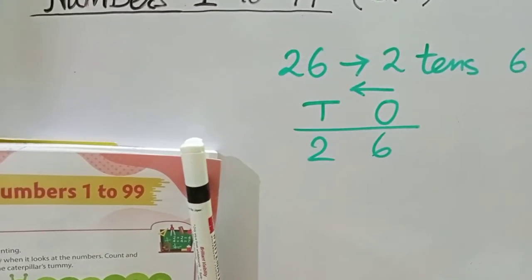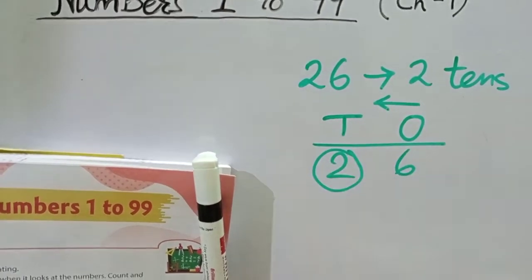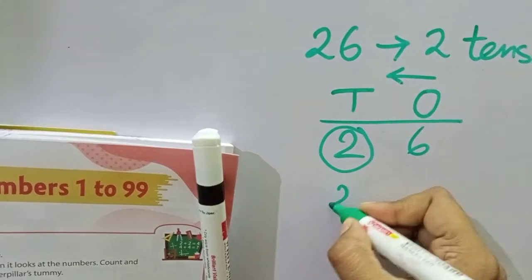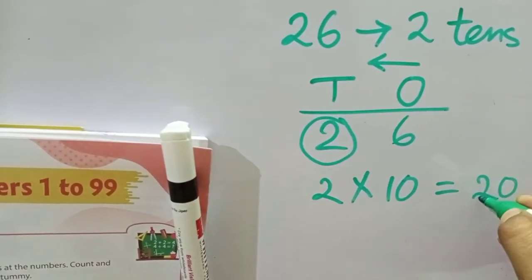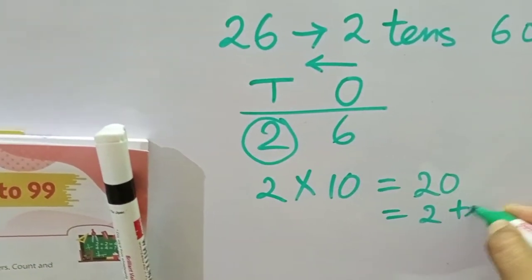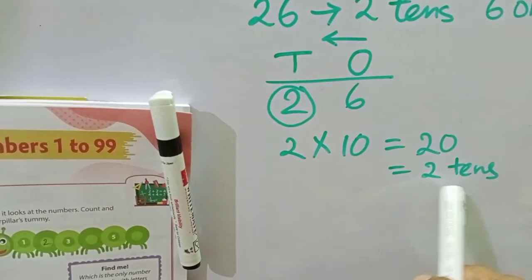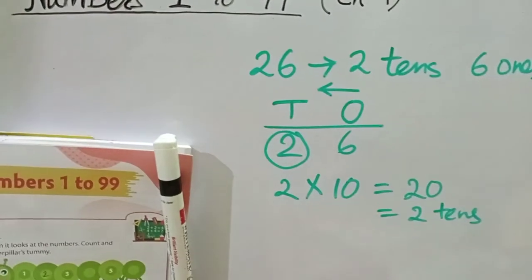So here you can say that the place value of 2 is 2 tens, that is 2 into 10, which is equal to 20. So children, 2 tens is the place value of the digit 2 in this number 26.